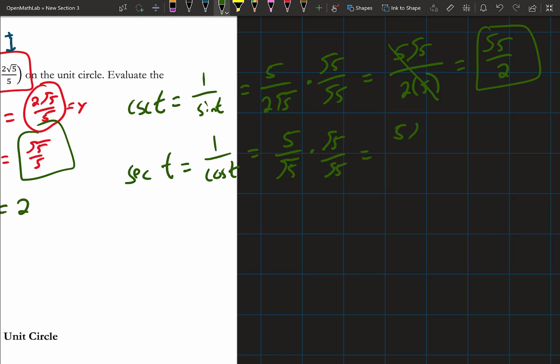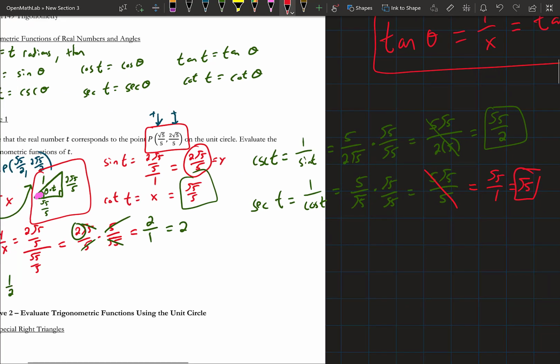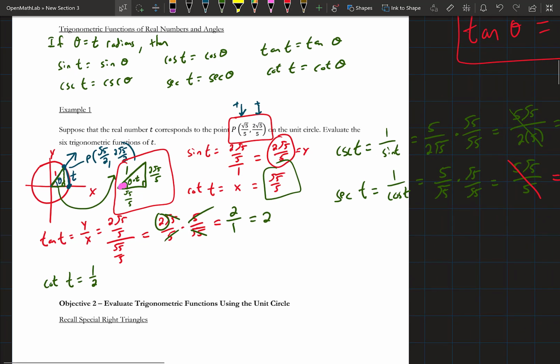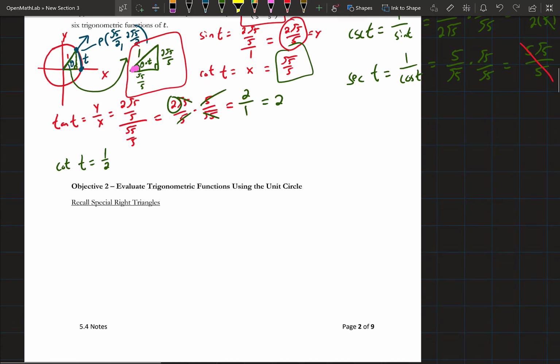So I get 5 radical 5 over, so radical 5 times radical 5 is just 5. So then similarly, the 5s are going to cancel. We're left with radical 5 over 1, which is just radical 5. Right? So there's all 6 trigonometric functions of t.